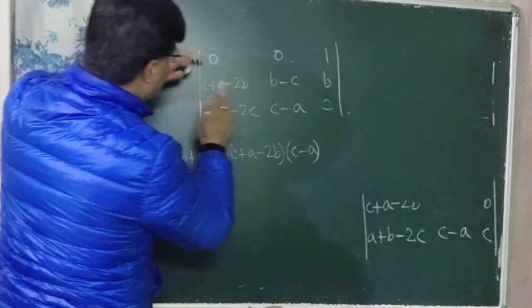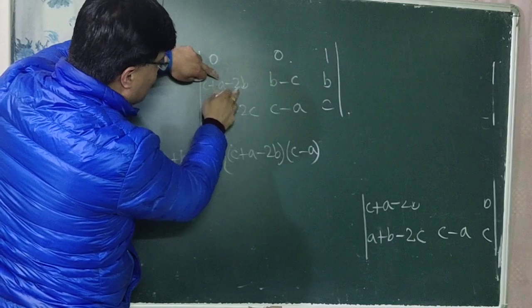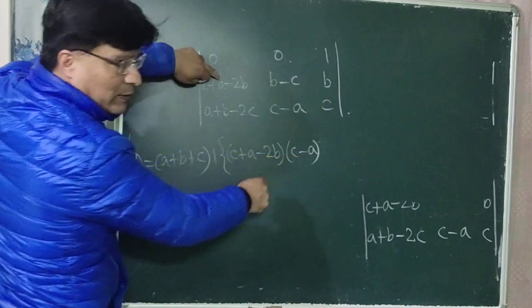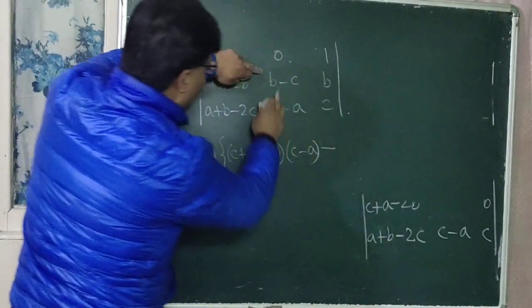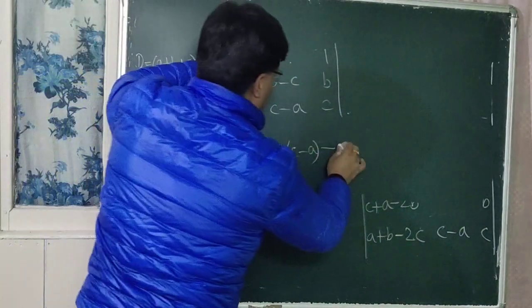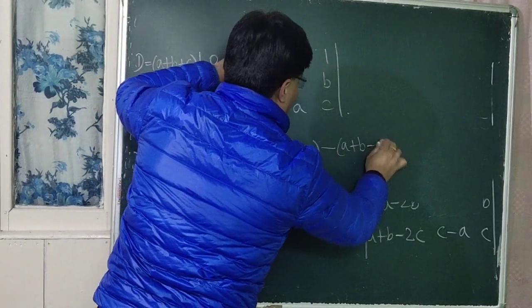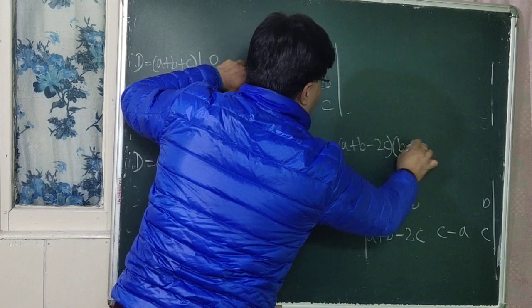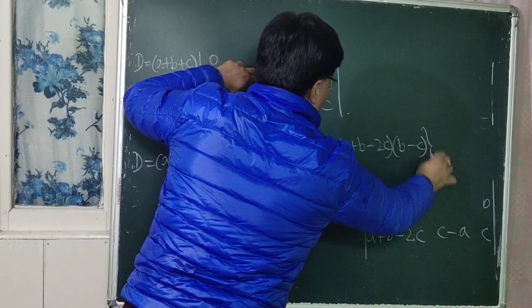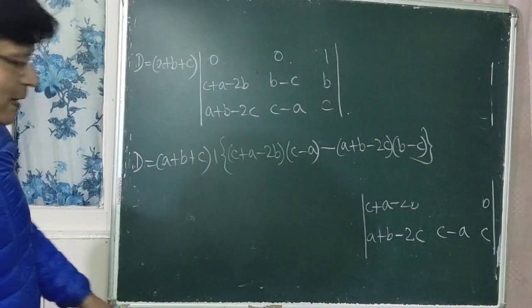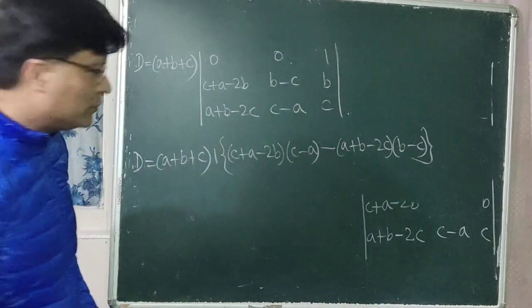You can expand it. That is, this C plus A minus 2B should be multiplied by C minus A, right? Minus, now cross multiply these two. That is A plus B minus 2C into B minus C. So this is the expansion. Is it clear to all of you?